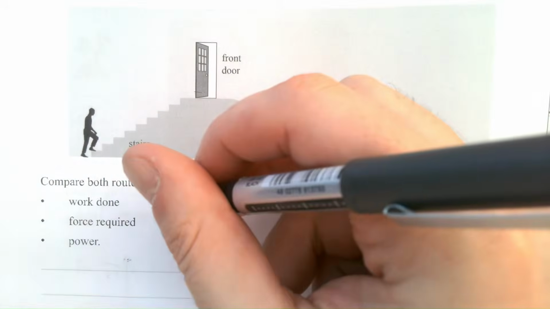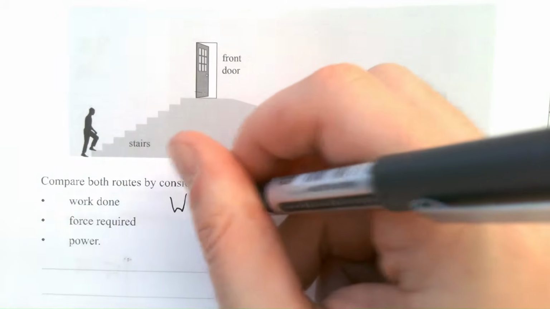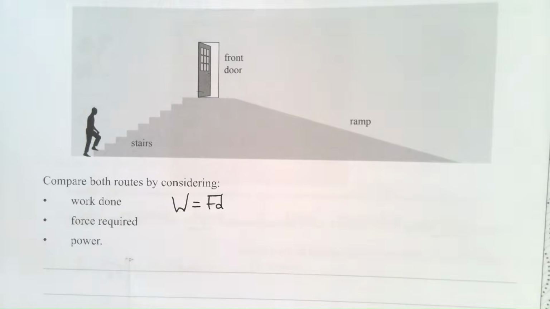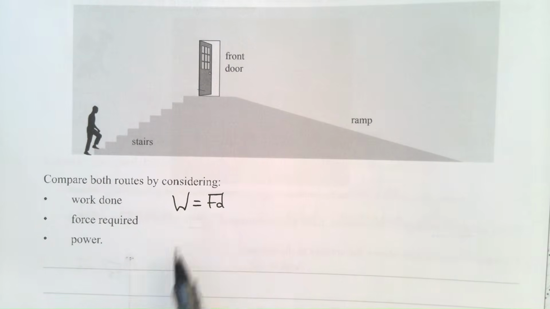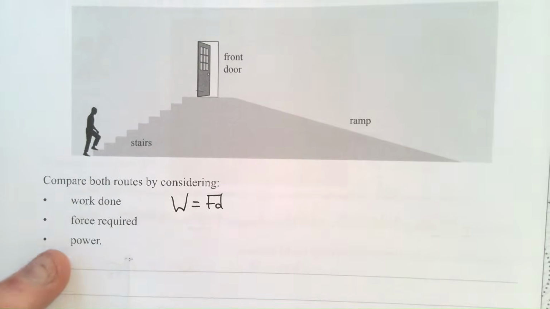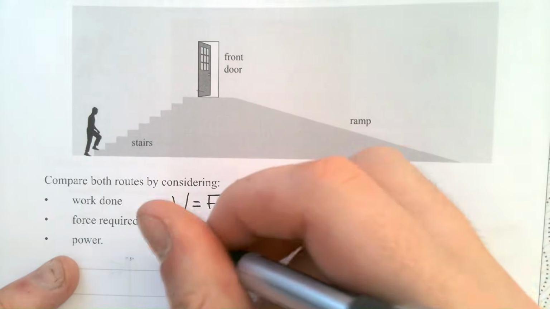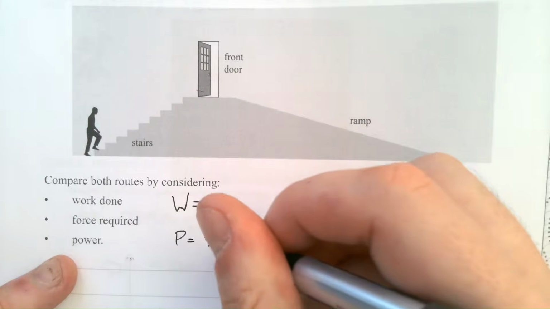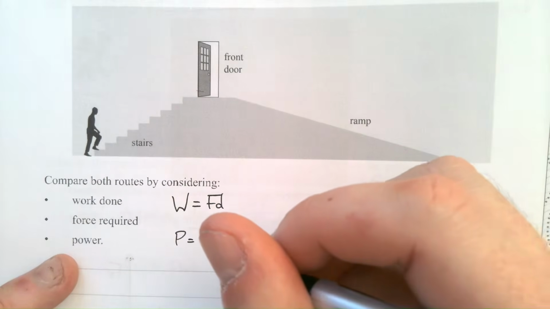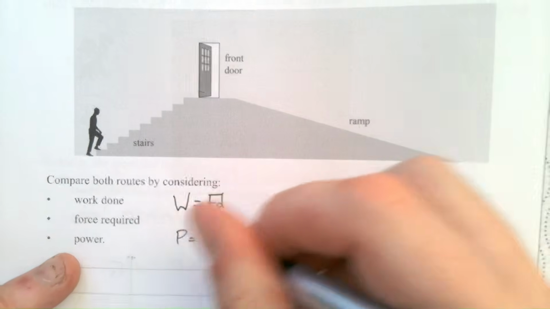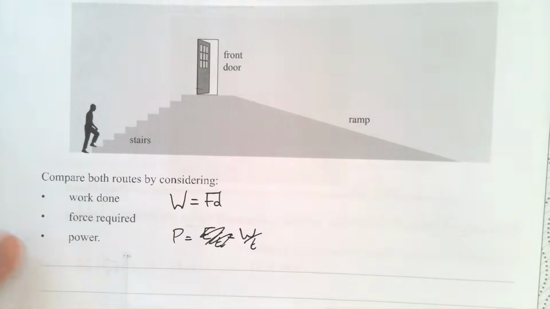Our equation for work done is F times D. Our equation for force, well, it's in that work done equation already. Then for the equation for power, we have that power is equal to energy divided by time on your formula sheet. I guess in this case we can have work done divided by time.